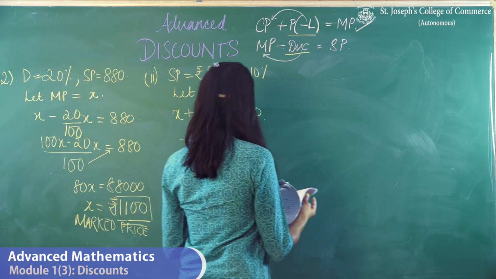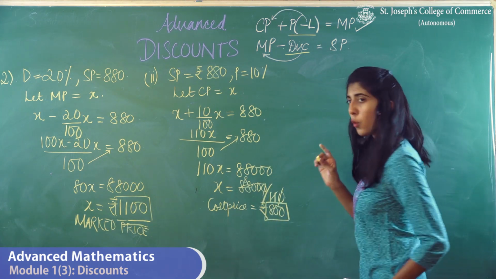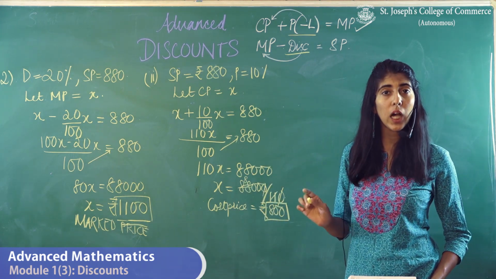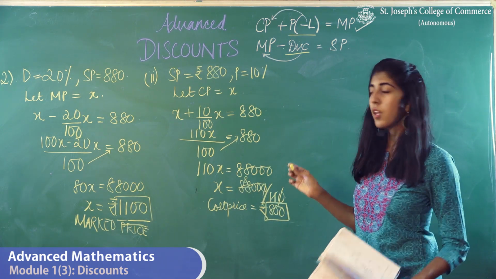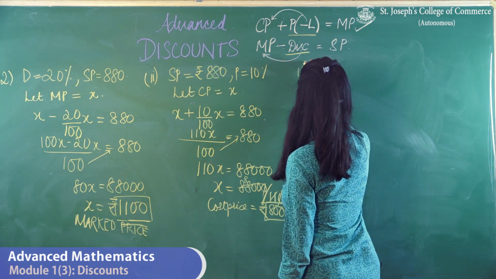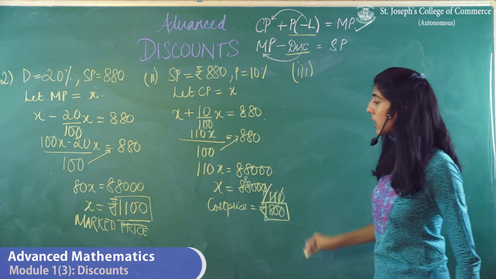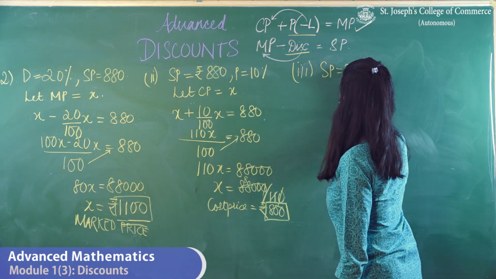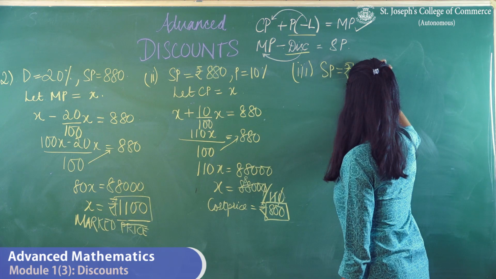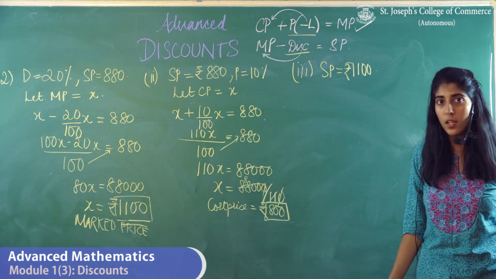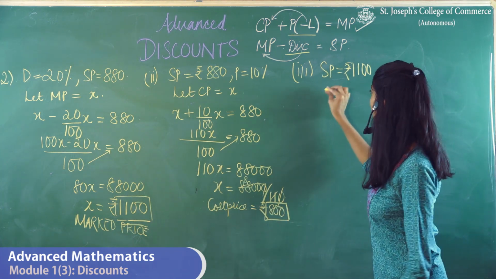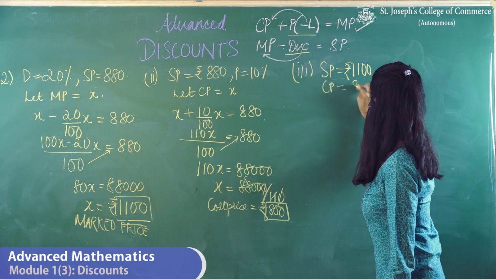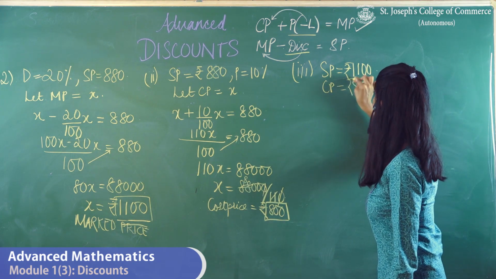The third part of the question says, what would have been his profit percentage if he sold the article at the marked price? Now, the third part says, if he sold the article at the marked price, that means selling price is 1100. Cost price, we've already found it as 800.